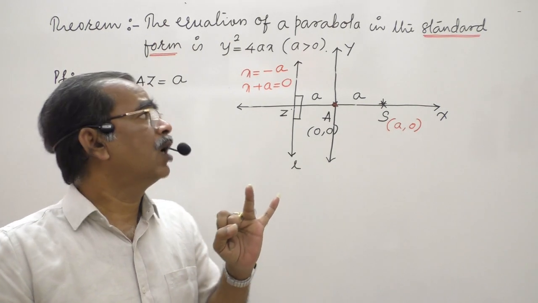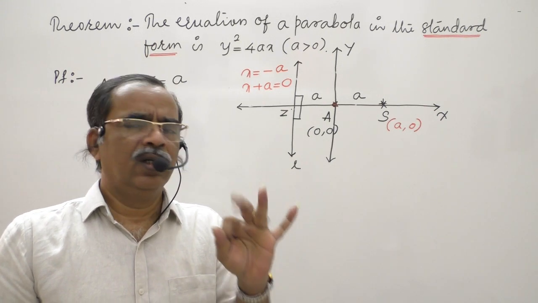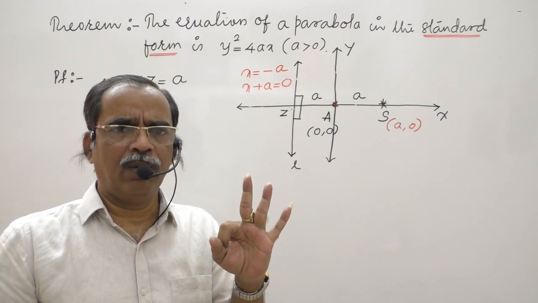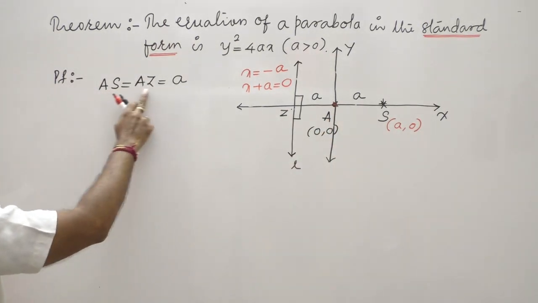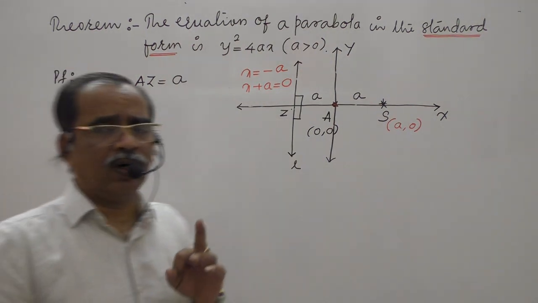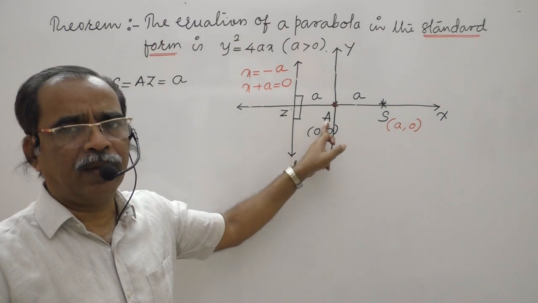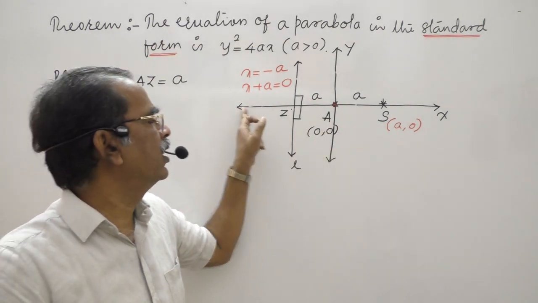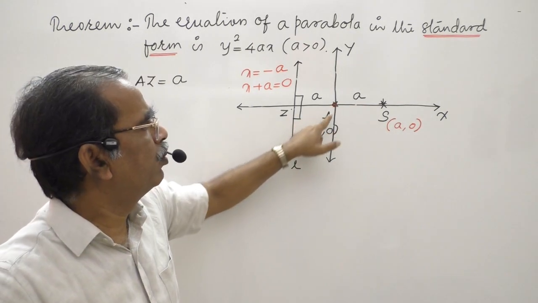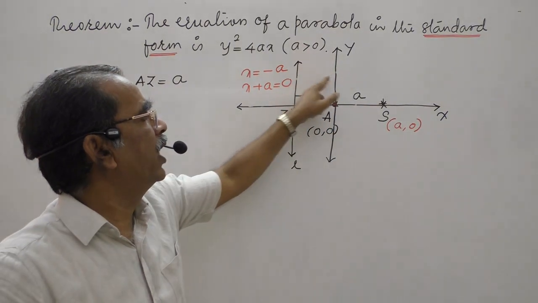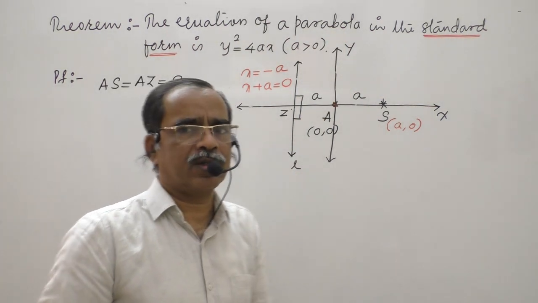Step 2: draw perpendicular SZ from focus to directrix. Step 3: let A be the midpoint of SZ such that AS is equal to AZ is equal to small a. Step 4: choose the point capital A as origin and the line SZ as x-axis. Then the line passing through A parallel to directrix will be the y-axis. These are the 4 steps.